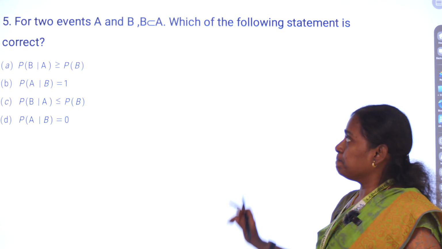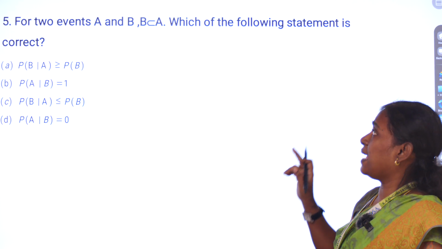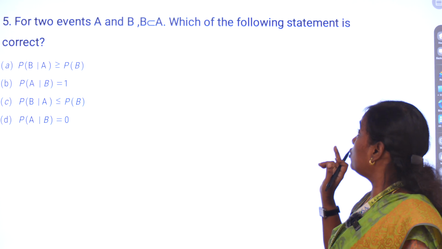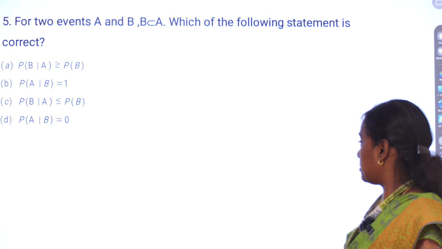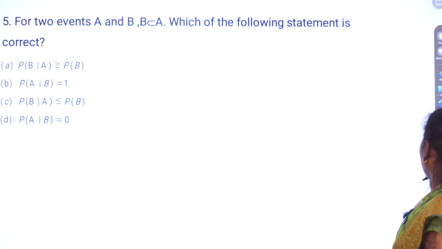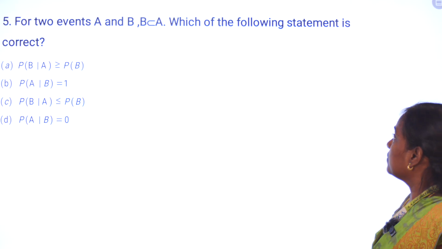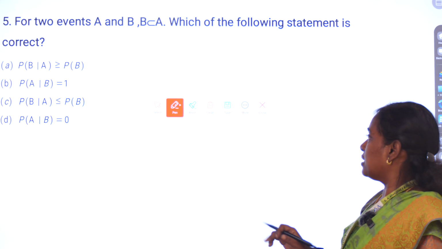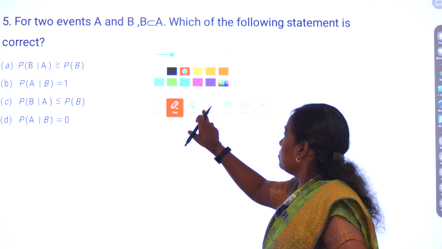Now the next question: for two events A and B, with B contained in A, which of the following statements is correct? Okay, so now we'll do this. What is given to us?